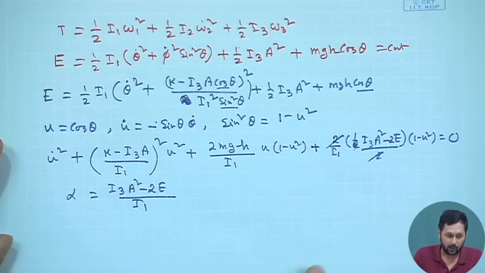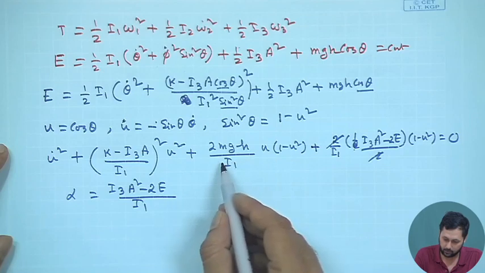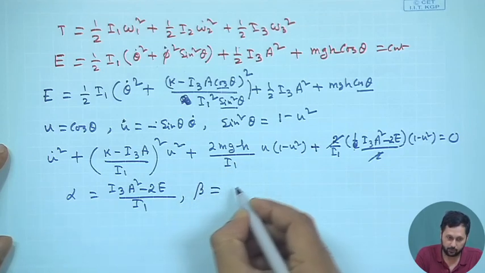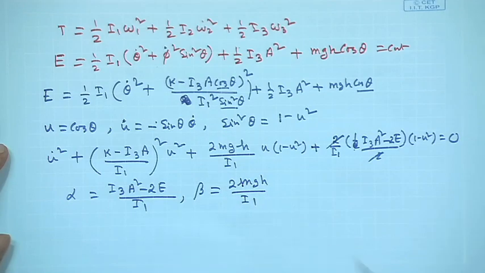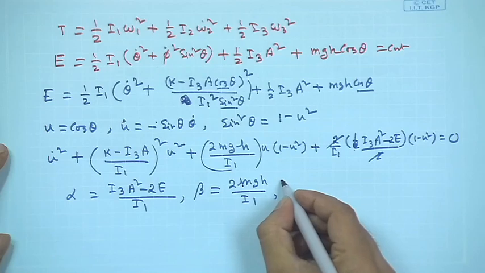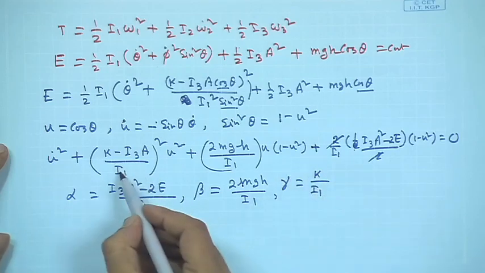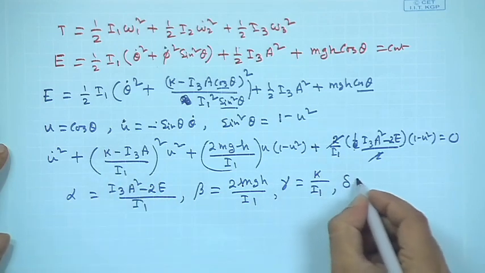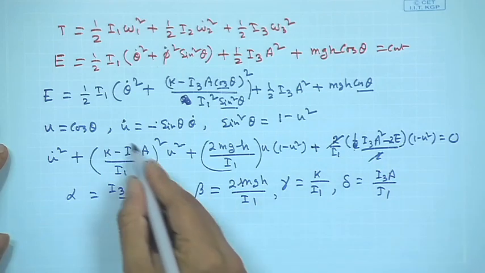Let us call this alpha, and there is a 1 minus u square here, right. Beta will be equal to 2mgh by I1, this part. Gamma will be equal to k by I1, which will come here, and delta will be equal to I3a by I1, which will come from the second term.